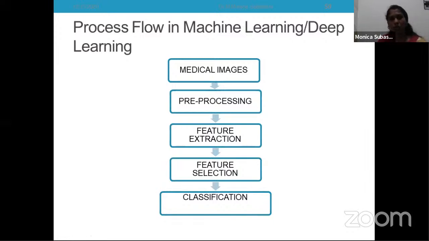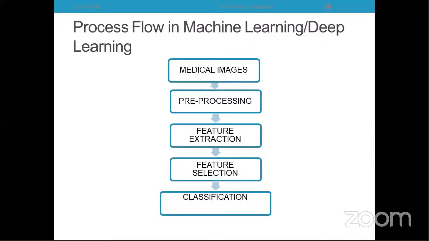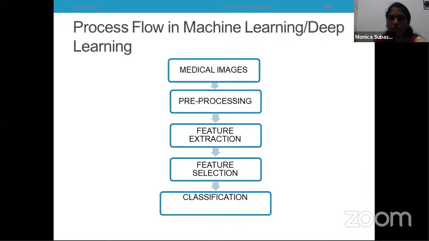When we talk about medical images, before starting with the processing, collection of medical images is going to be a challenging task.